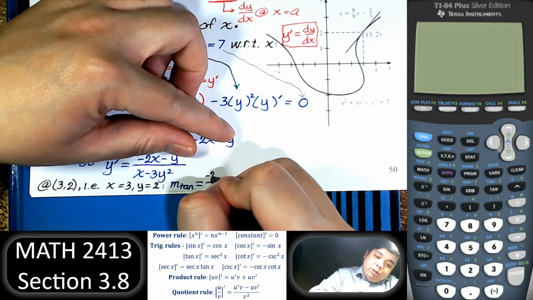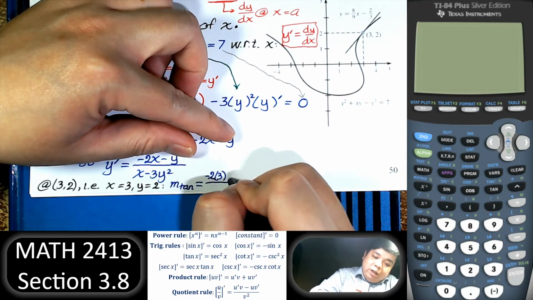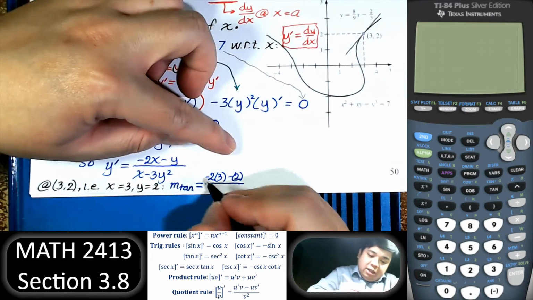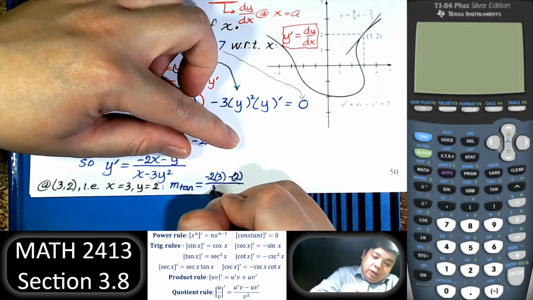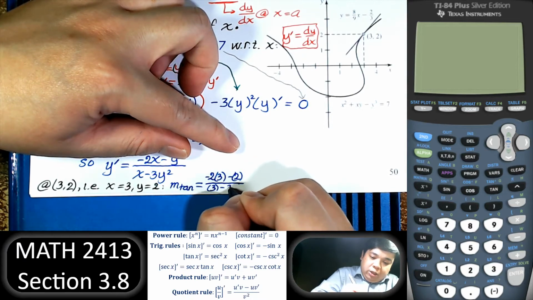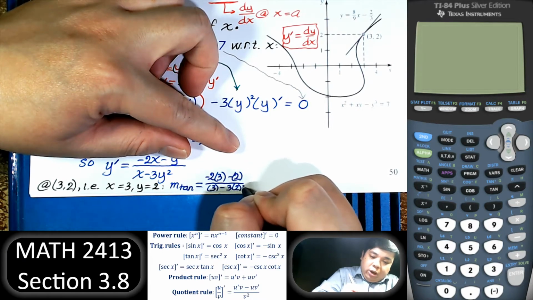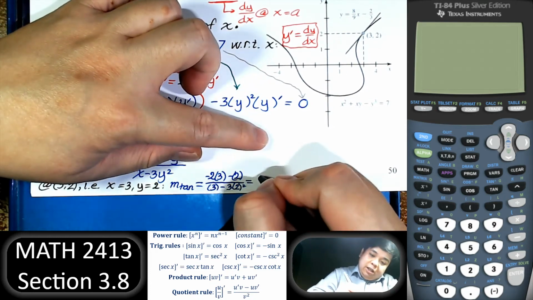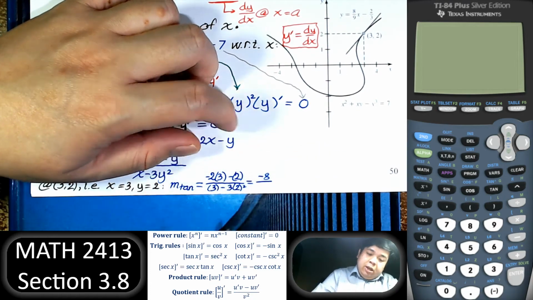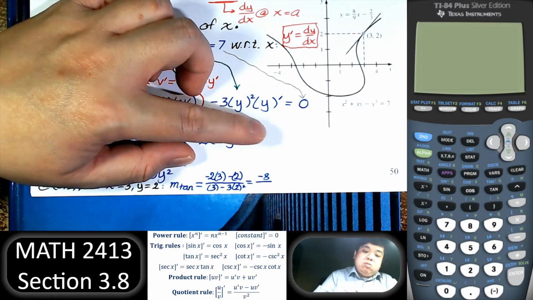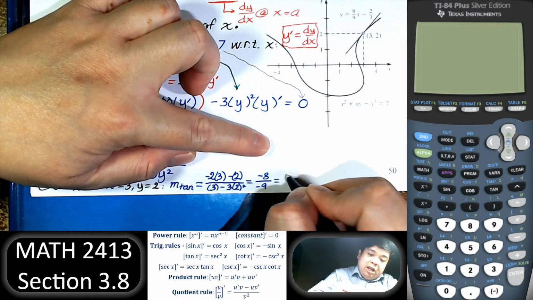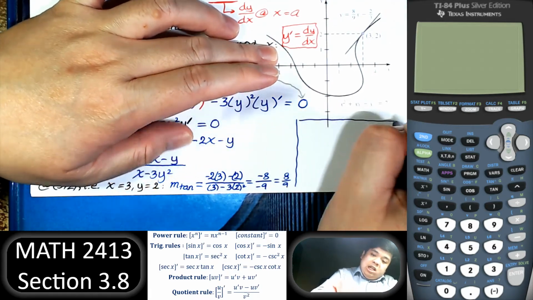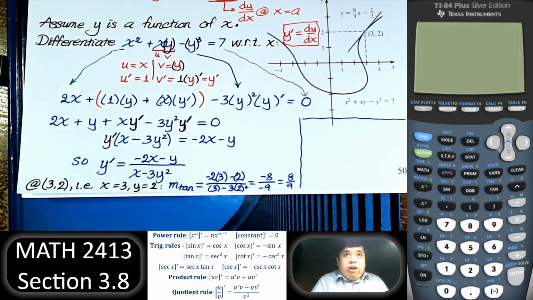So negative 2, x is 3, y is 2, over x is 3 minus 3, y is 2 squared. So do that, you have negative 8 on the top. At the bottom, 3 minus 12, so that is minus 9. So that gives us 8 over 9. So we have the slope equal to 8 over 9.